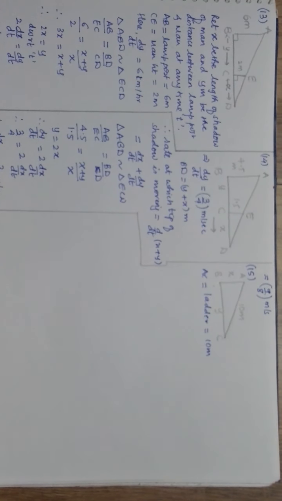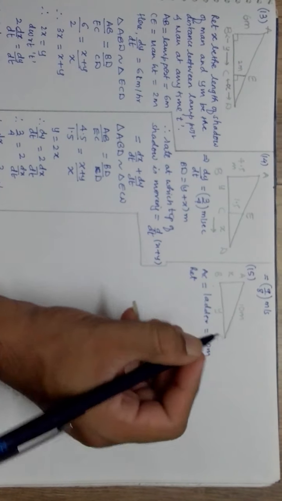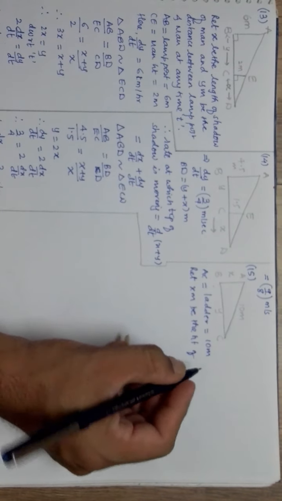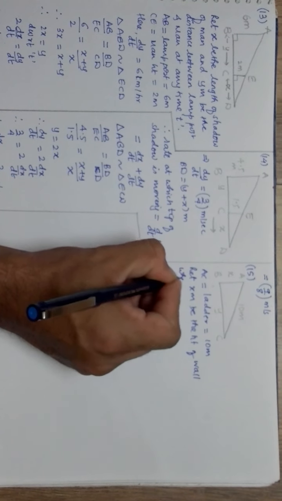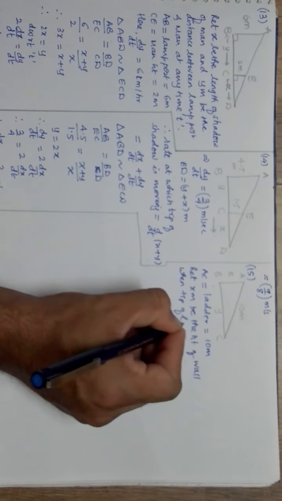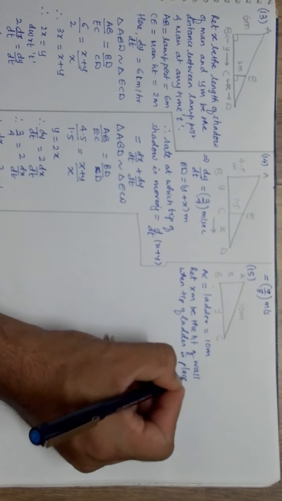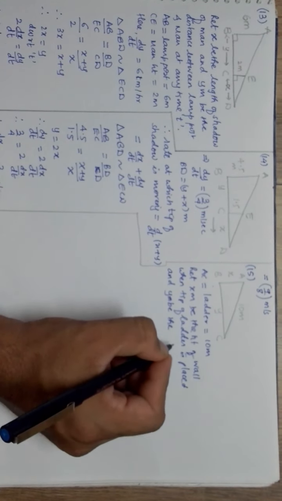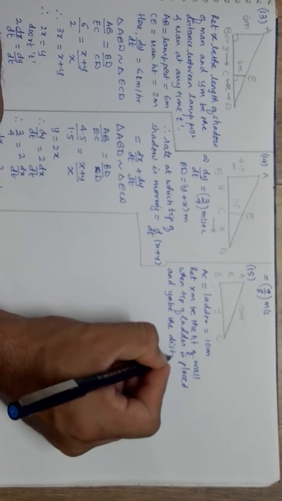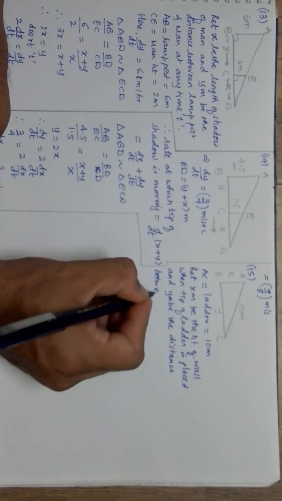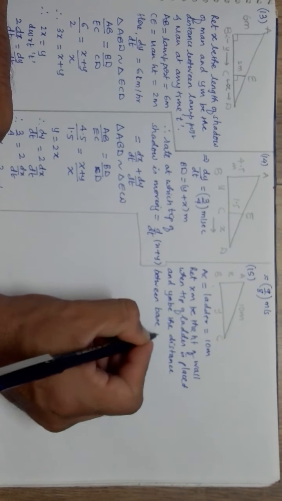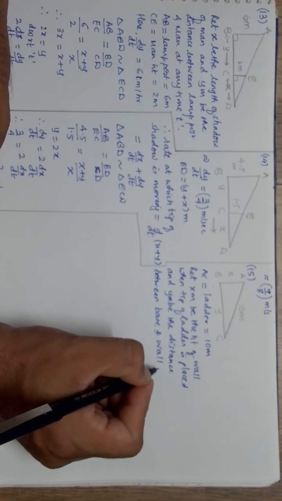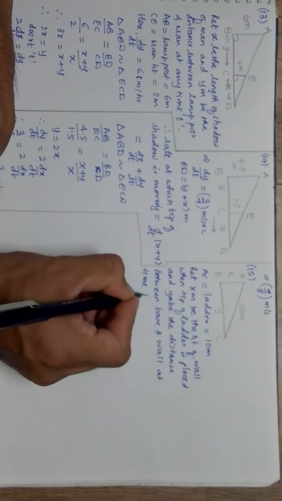That is, I will say here let x meter be the height of wall when tip of ladder is placed, and y meter be the distance between base and base of wall. Okay, and this is at some time t.